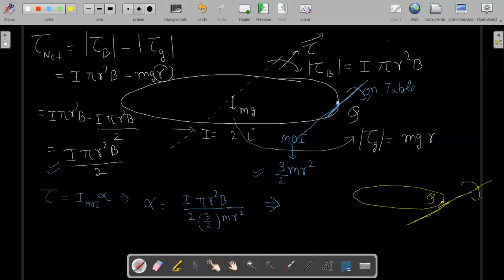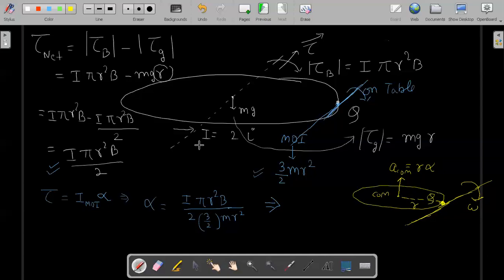The ring rotates like this, about the axis which passes through point Q. The center of mass of that ring will obviously go upward, it will move up. And since the position of the center of mass from point Q is at a distance of r, this center of mass will move up with an acceleration given by r alpha, right?